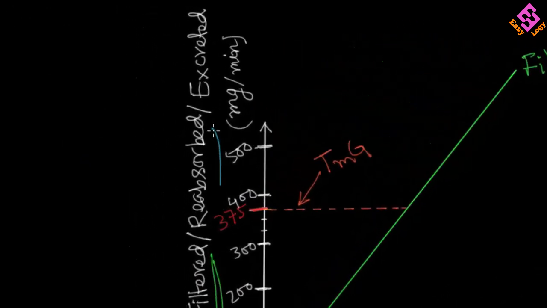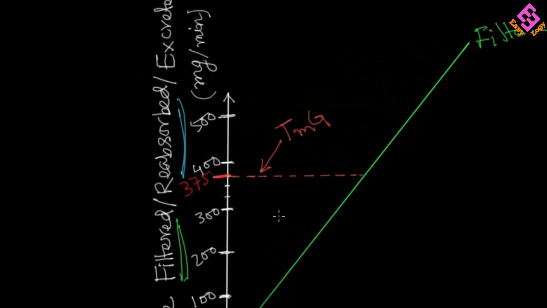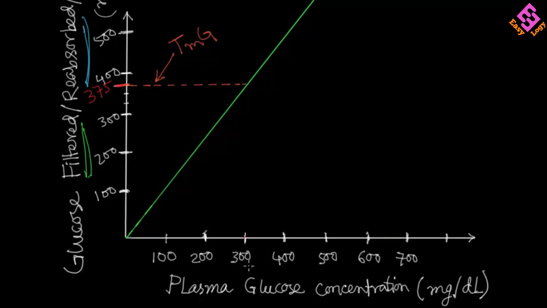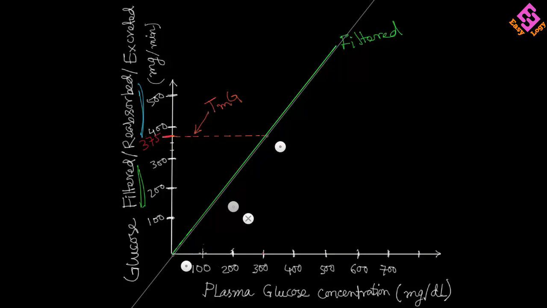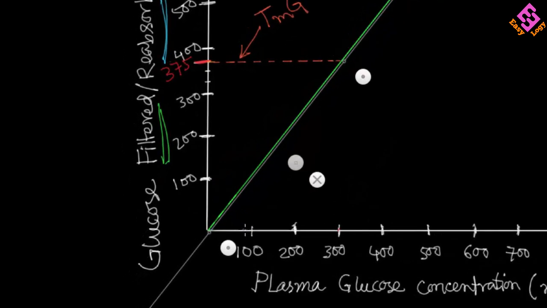Next we will plot the reabsorbed rate versus the plasma glucose concentration. Now, at low plasma glucose level, all the filtered load of the glucose is reabsorbed, so we get again a straight line, and as the plasma glucose concentration increases, the reabsorption also increases, and we get this straight line.